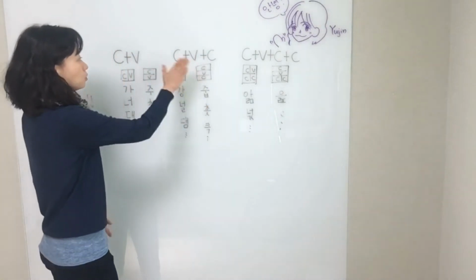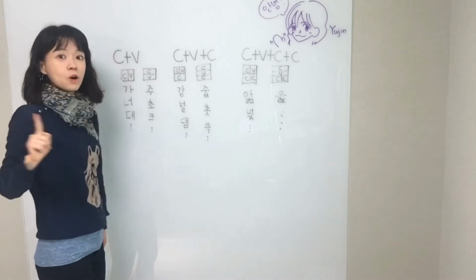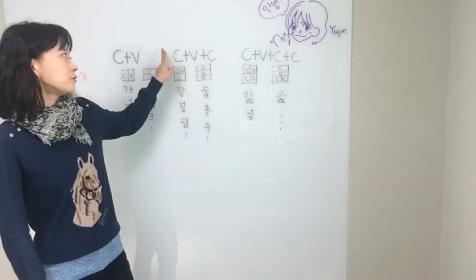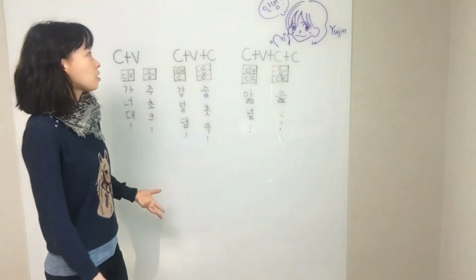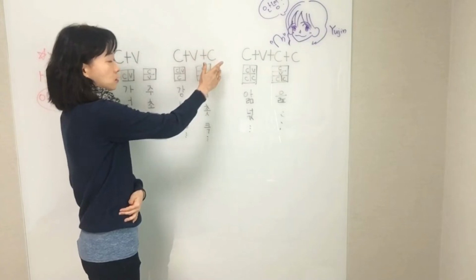So this one is number 1, just one combination of syllable blocks, and the second combination of syllable blocks consists of consonant, vowel, and consonant.